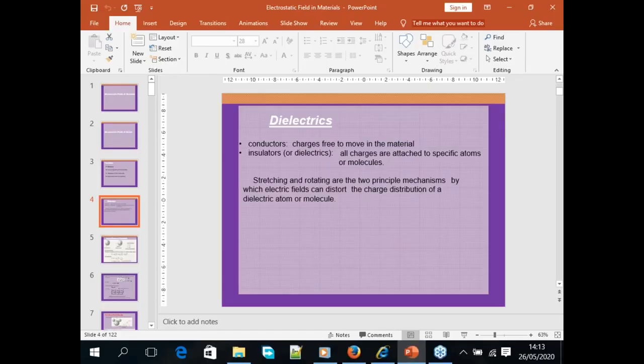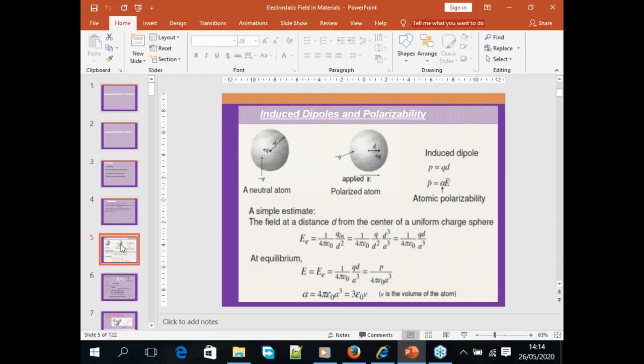Stretching and rotating are the two principal mechanisms by which an electric field can distort the charge distribution of a dielectric atom or molecule. Now, the induced dipole and polarizability.